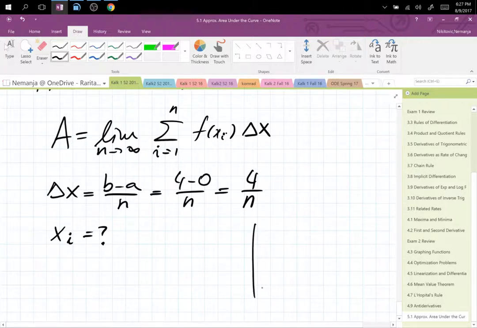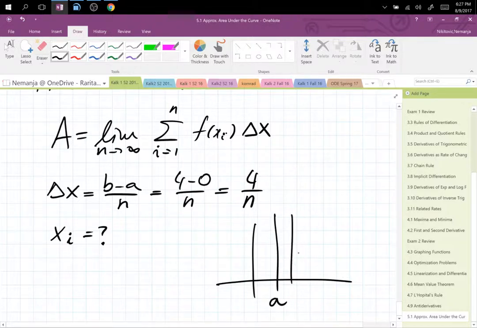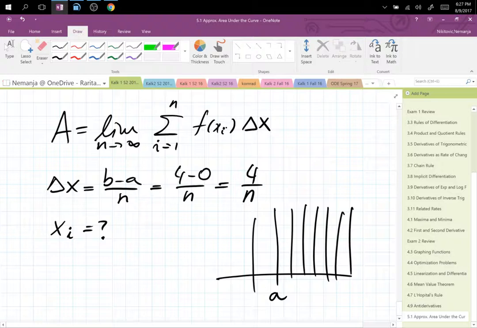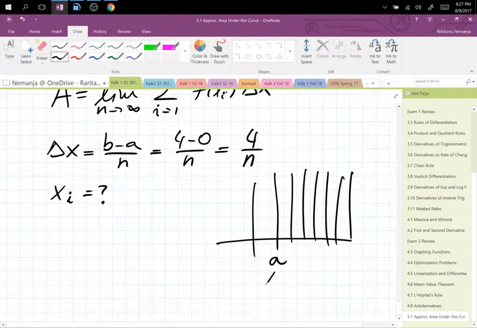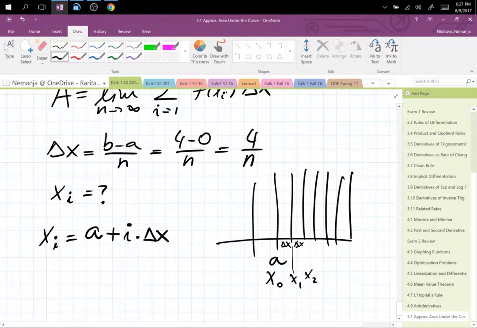Your function is going to start somewhere with a, and then it's going to have infinitely many of these divisions. Your a is x0, and the next one is x1, which is delta x away. And the next one is delta x away for x2. So you are starting xi at a plus counter times delta x.